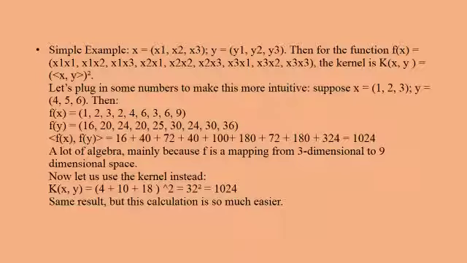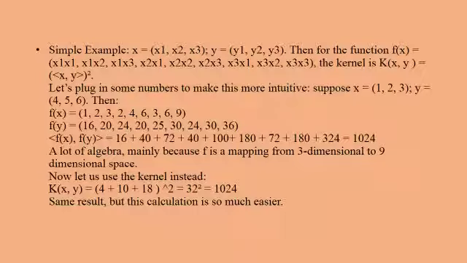Then the dot product of f of x and f of y is equal to 16 plus 40 plus 72 plus 40 plus 100 plus 180 plus 72 plus 180 plus 324, which is equal to 1024.